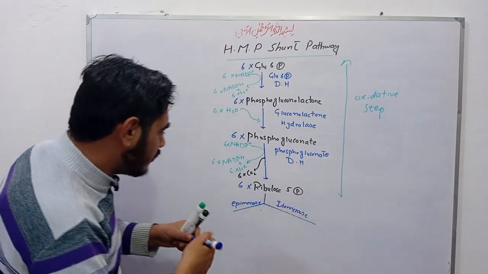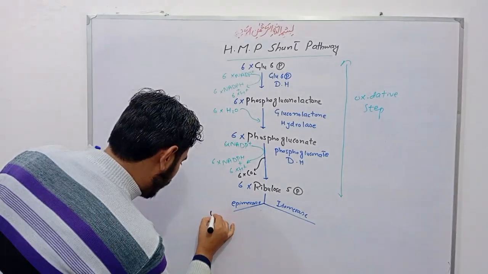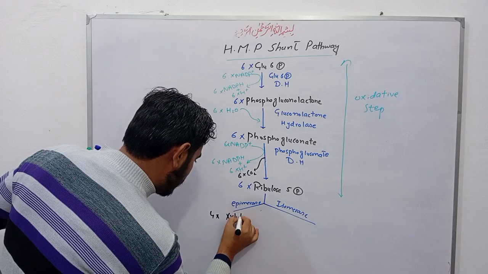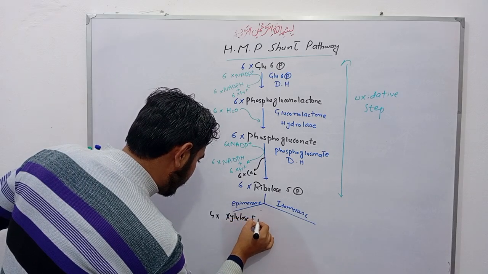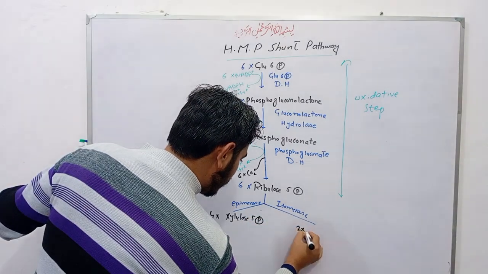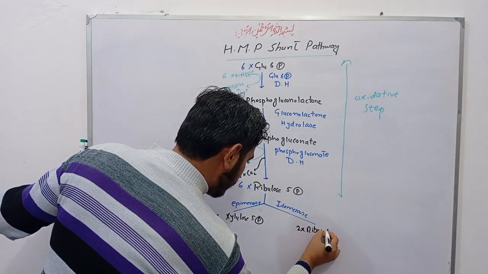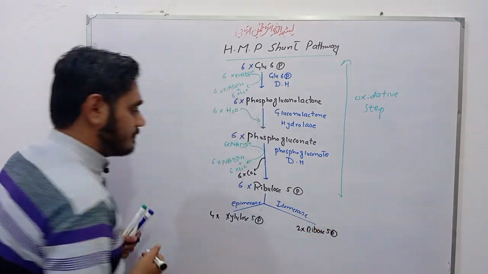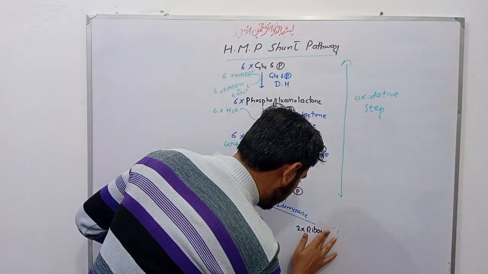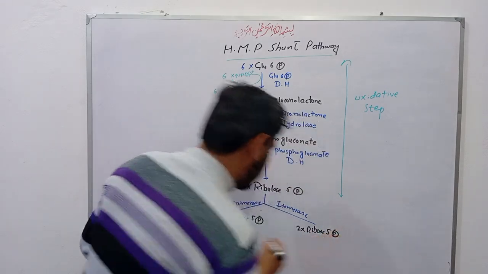And the 6 molecules of ribulose 5 phosphate convert into 4 molecules of xylulose 5 phosphate and 2 molecules of ribose 5 phosphate.